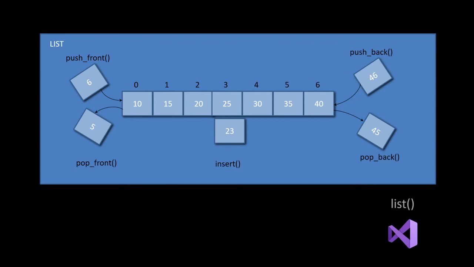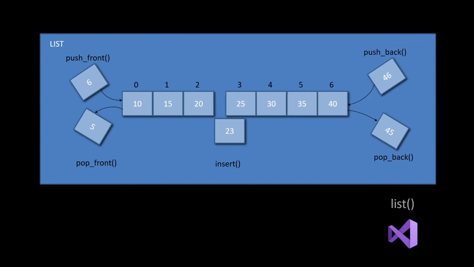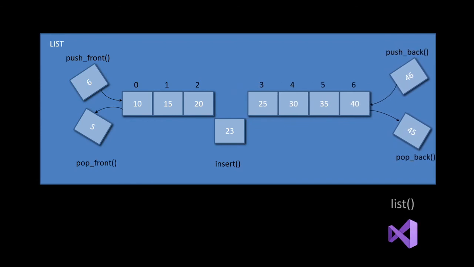This is not efficient for vectors or deques because all the elements above the insertion or deletion point must be moved. So you can see what's happening here. However, it's quick for lists because only a few pointers need to be changed to insert or delete a new item. However, it may still be time consuming to find the correct insertion point.